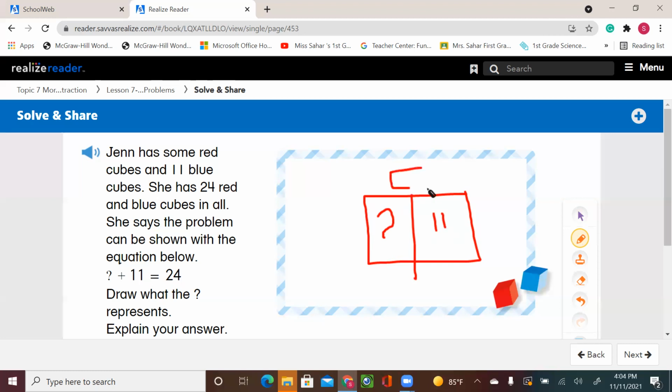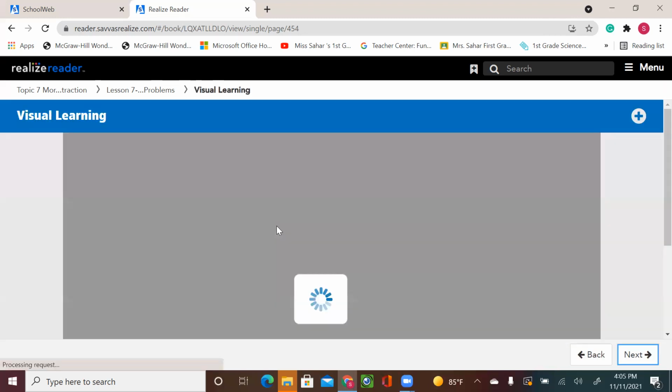And my whole total is 24. So this is the information. Using the bar diagram always helps us see the information we have and find out what we're looking for. All right, so let's see the video.